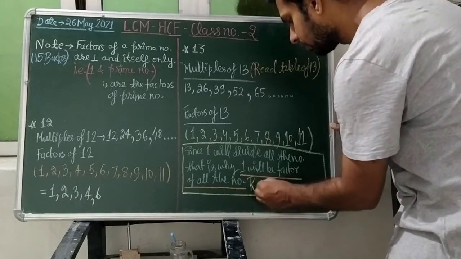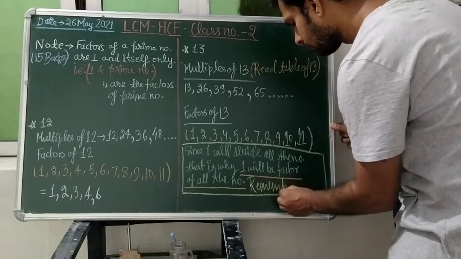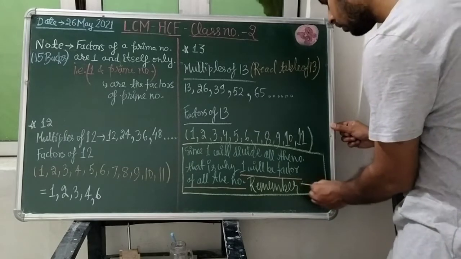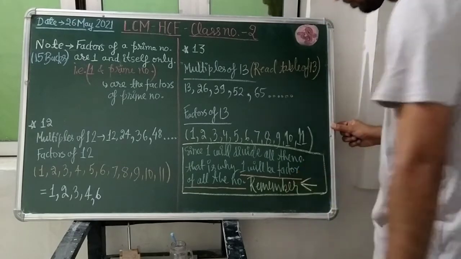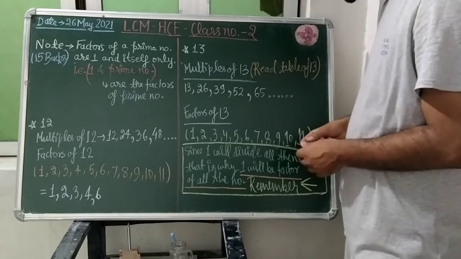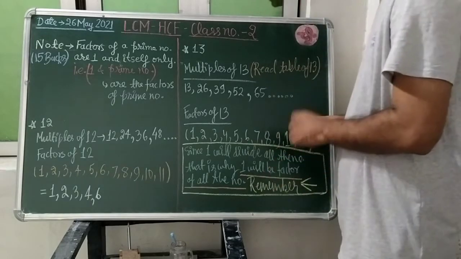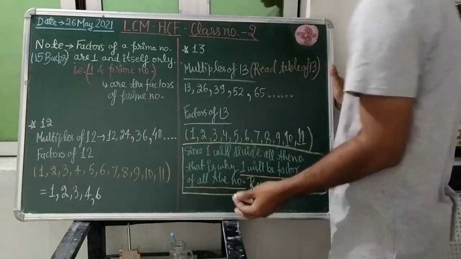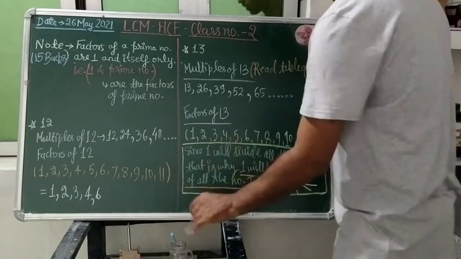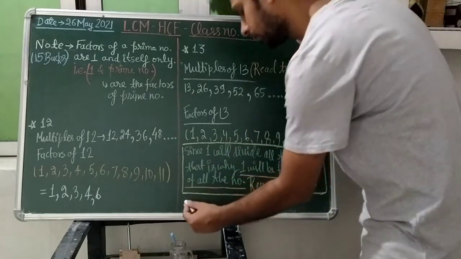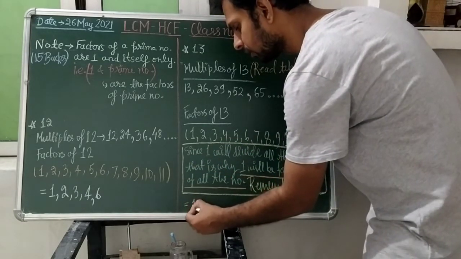So if we are writing the factors, always 1 will be there. Always in the factors of any number, 1 will be present.